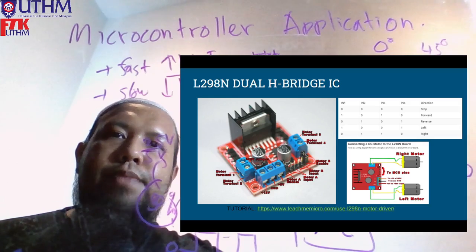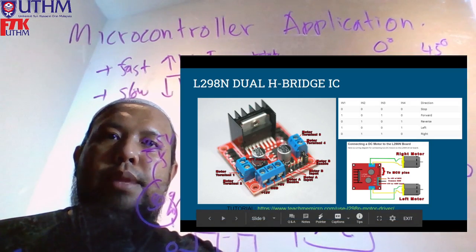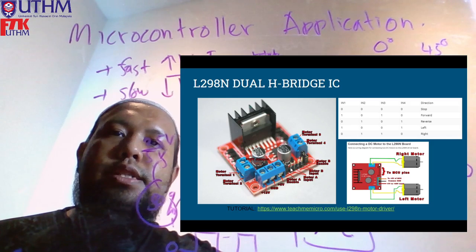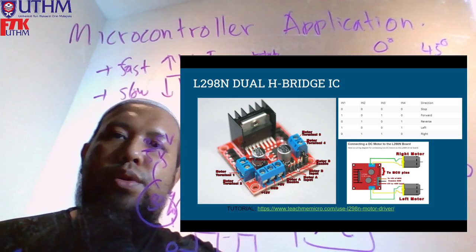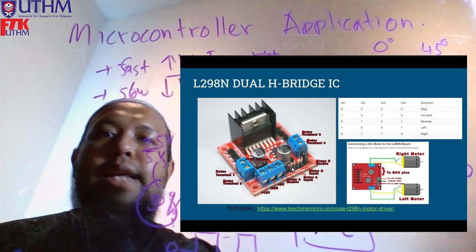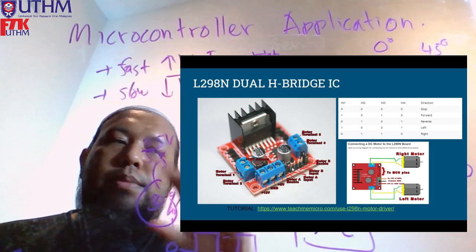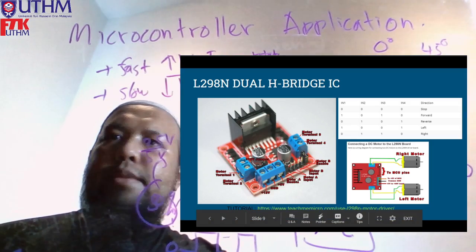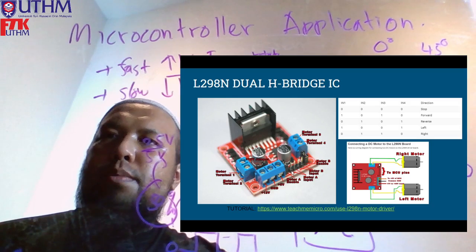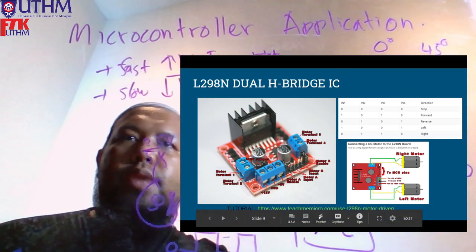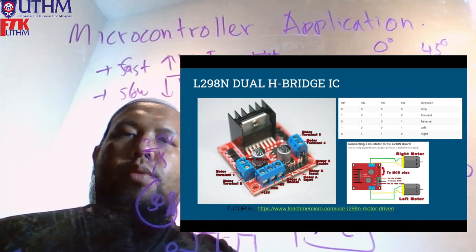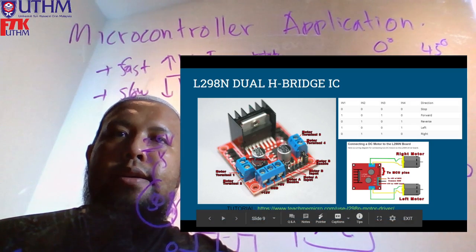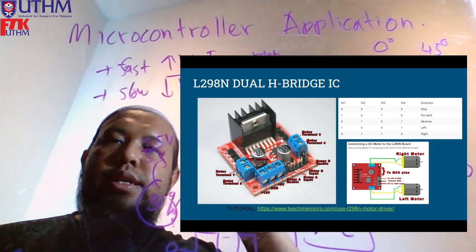So if you use PWM, right? If you put PWM input here, you can control the speed, not just the direction of your motor. Now you can control the speed, meaning that you can slow your motor down a little bit, right? So that means if you have PWM output from your microcontroller to this L298N, what they call a motor driver, and you feed that PWM signal here, you can reduce the speed, right?